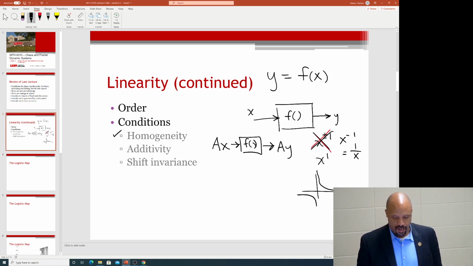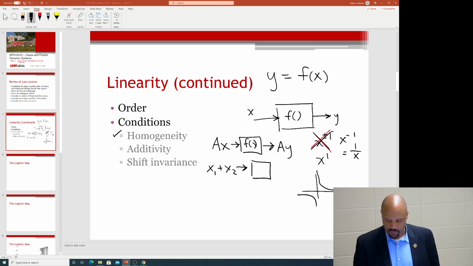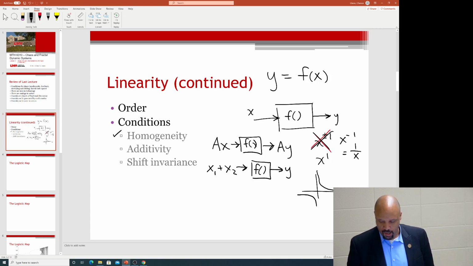Then additivity. Well, if you have x1 plus x2 going into the system, again, same system, mathematically or however you define it, the output should be y1 plus y2.